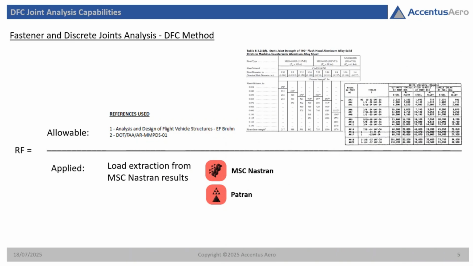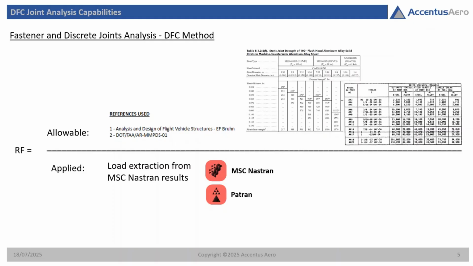gives you the RF. The allowables we get from material data such as Brun or the ARM MPDS, material data sheets, or whatever testing you've done. That will give us the allowable loads in terms of a tensile load or shear load for the fastener, and included in that is the bearing allowable, if you want to include the joining parts in the calculation.